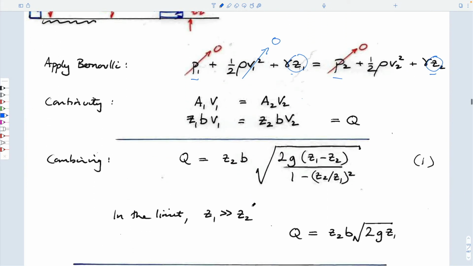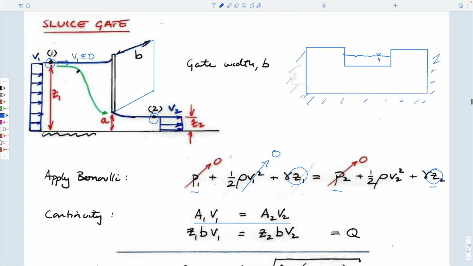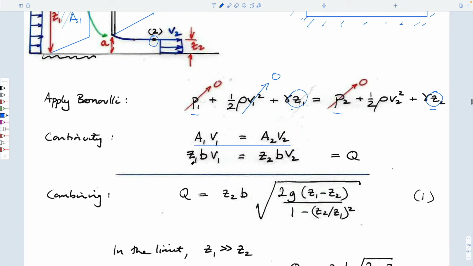So we do the same as before. We write continuity in terms of the cross-sectional area upstream and downstream. Cross-sectional area upstream is going to be Z1 multiplied by the width. It's this area here. So this is area 1, which is B times Z1, times velocity.